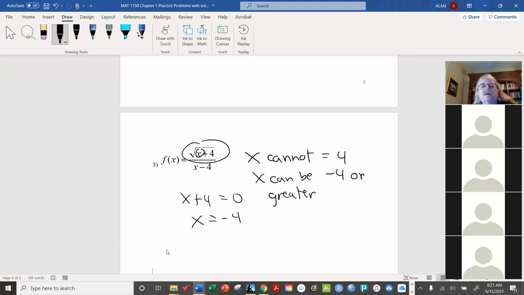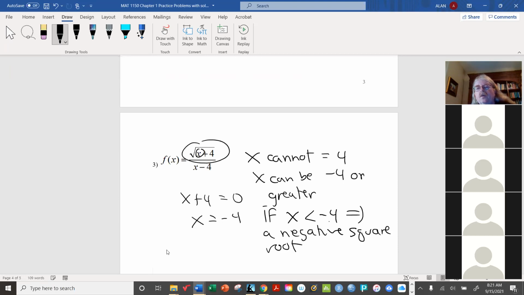If I put, let's say 0, we're fine. So anything from -4 up is okay, but if x is less than -4, that would lead to a negative square root, which we're not allowing.